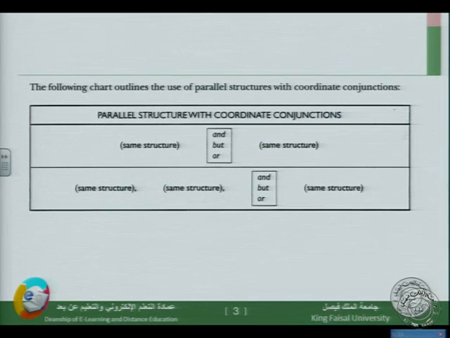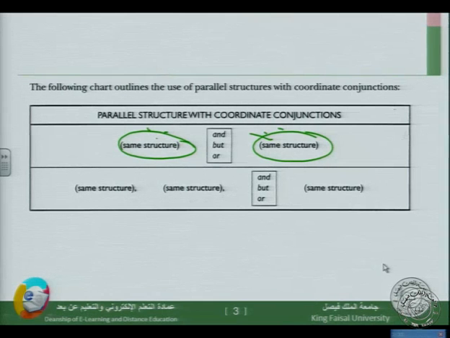Here the following chart outlines the use of parallel structures with the coordinate conjunctions. We discussed it last class, in the 11th class, and we said that and, but, and or join the same structure before and the same structure after, like words, phrases, clauses.